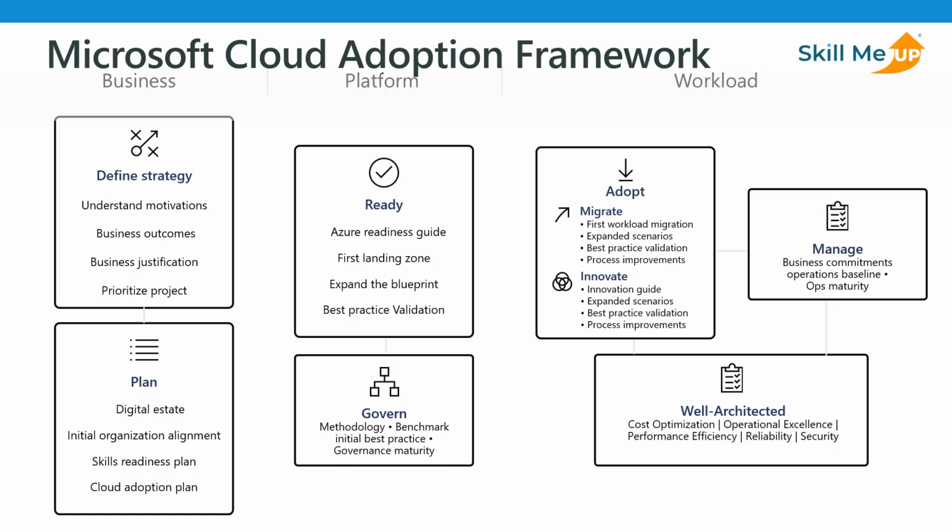And all of that fits into the well-architected framework as well. That falls as a companion piece really to the cloud adoption framework, where we're looking at cost optimization, operational excellence, performance efficiency, reliability, security.